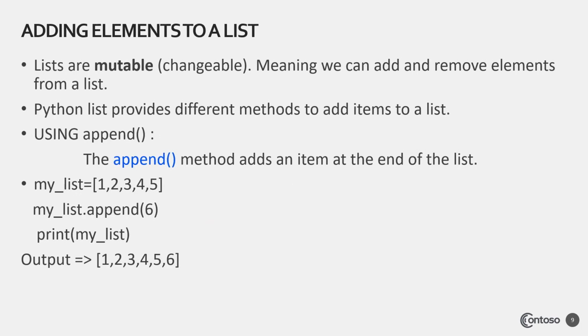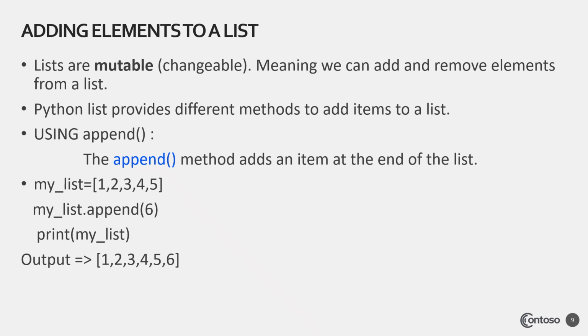Then in a list, we could add elements. Lists are mutable, meaning we can add and remove elements from a list. Python list provides different methods to add items to a list. There are different methods: the append method, insert method, extend method, etc. We are currently learning about the append method.